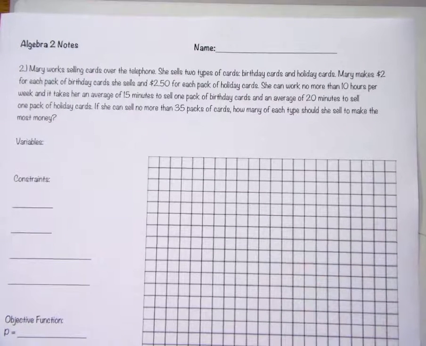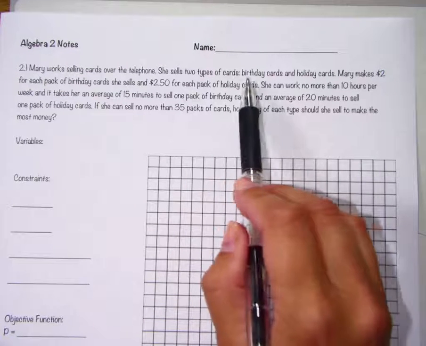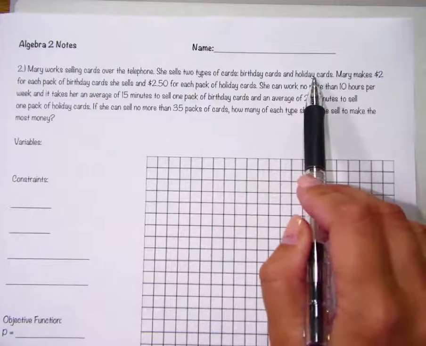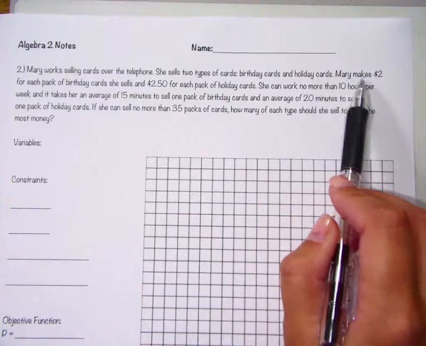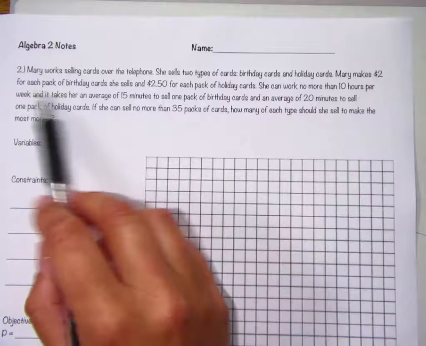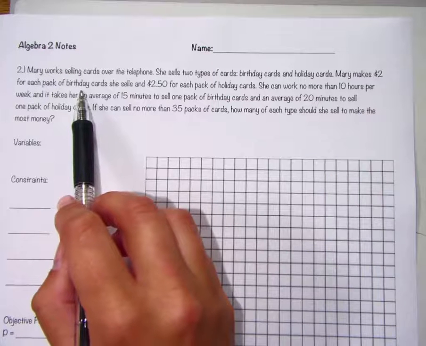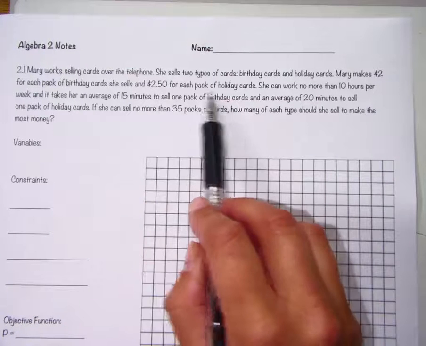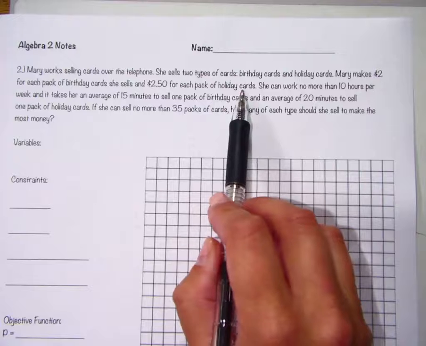All right, let's start off by just reading through. Mary works selling cards over the telephone. She sells 2 types of cards, birthday cards and holiday cards. Mary makes $2 for each pack of birthday cards she sells and $2.50 for each pack of holiday cards.